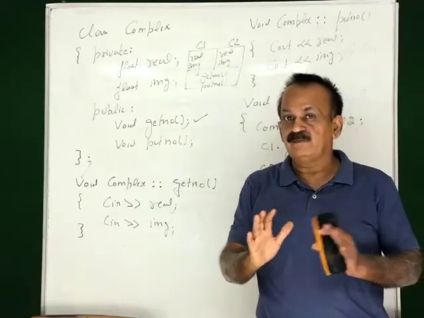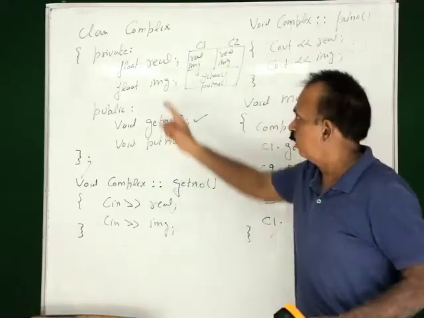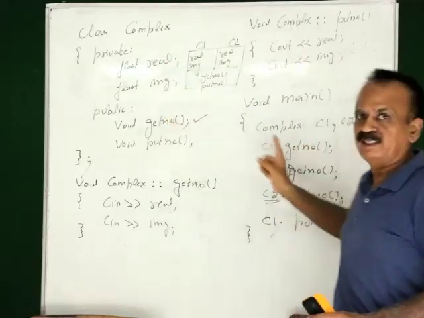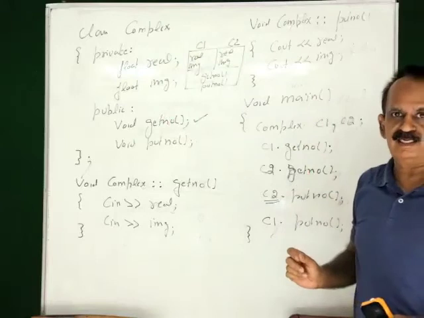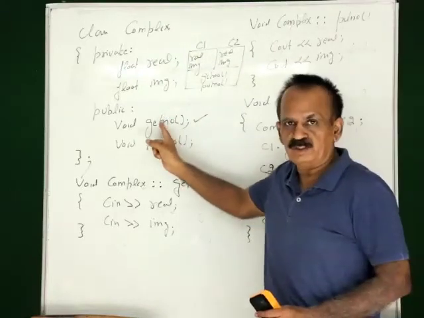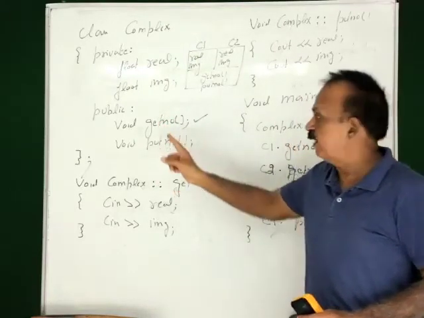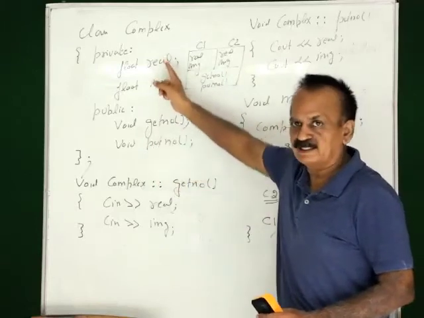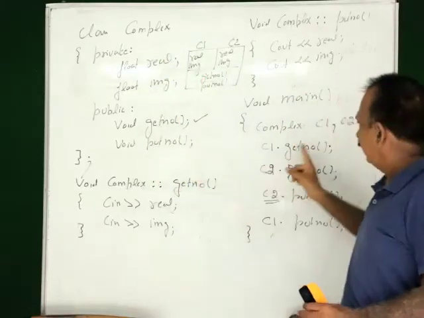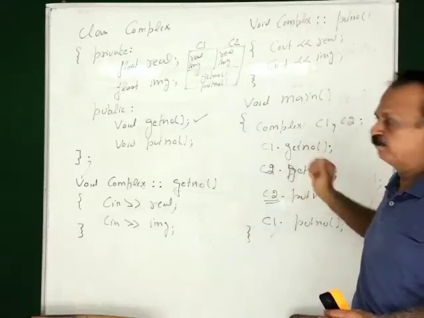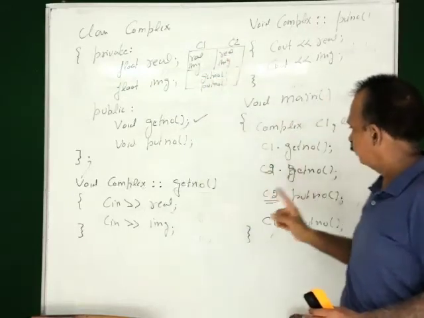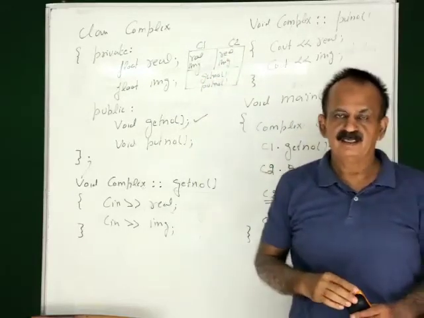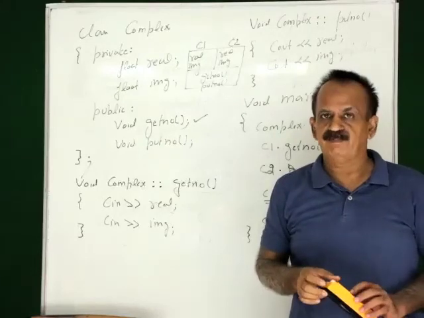In fact, in a broader sense, no doubt these two are used in the main function, but not directly. These are used through the member functions. The member function get number accesses the real and imaginary part, and it is using them here. Again the real and imaginary part are used here, but not directly, because these are private members.